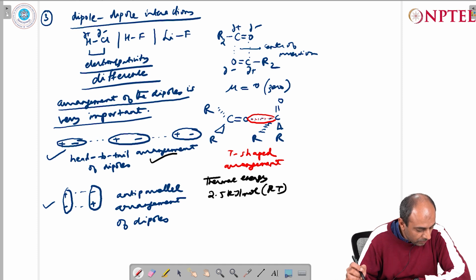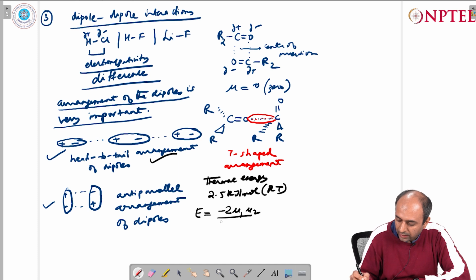factors. And then what has been proposed is that the magnitude of the energy E is calculated to be 2 mu1 mu2 by 4 pi epsilon 0 r cube, where you can see now the energy of stabilization is proportional to the magnitude of the individual dipole moments mu1 and mu2 if you have two different molecules.